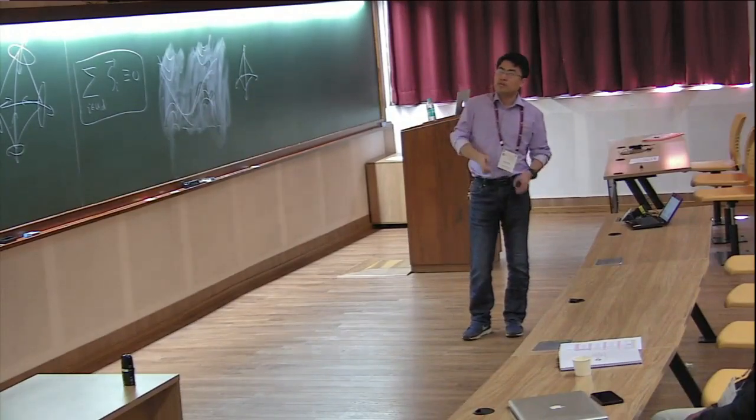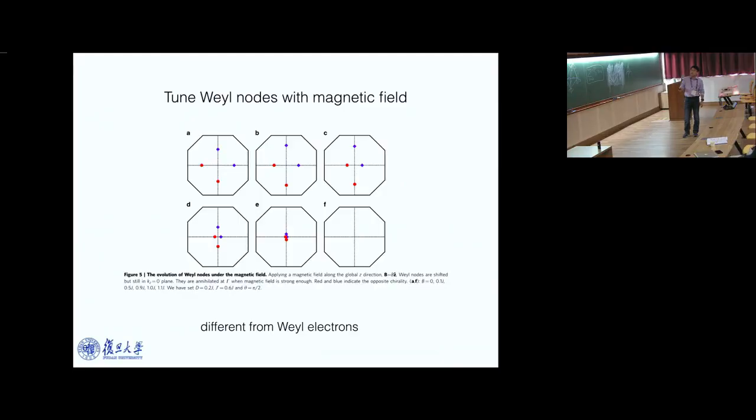But for the spin system, if you couple to a magnetic field, the dominant effect is Zeeman coupling. It's not orbital coupling, not Lorentz coupling. What Zeeman coupling does to the system is that you tilt the magnetic order toward the field direction a little bit.